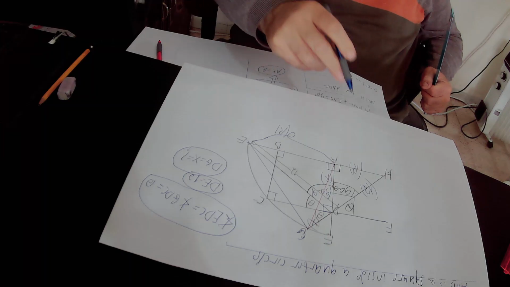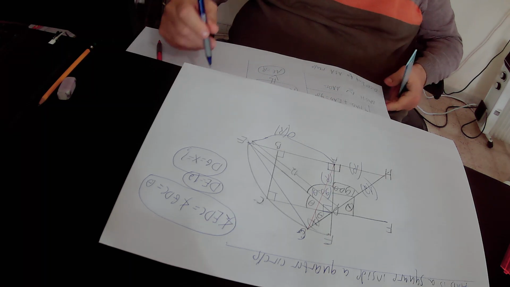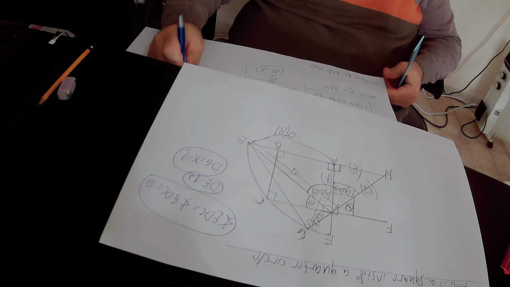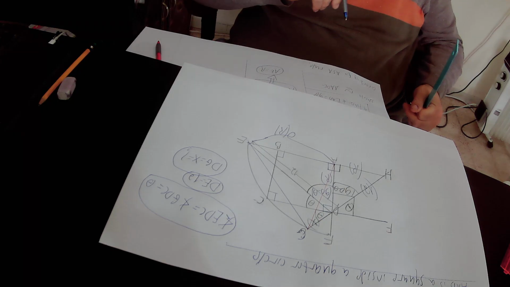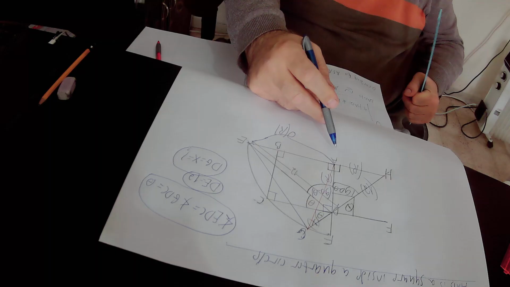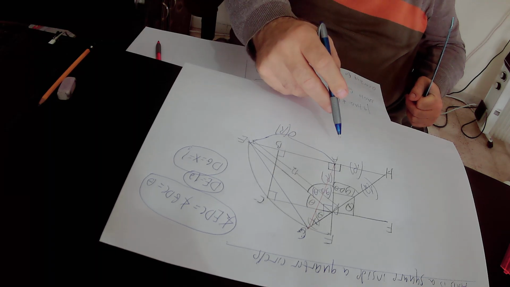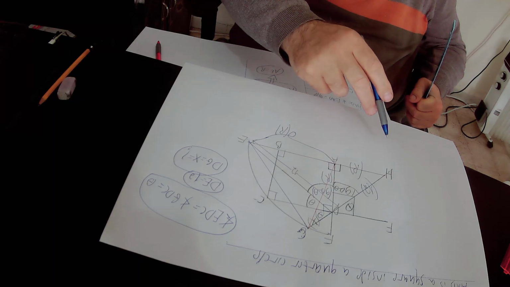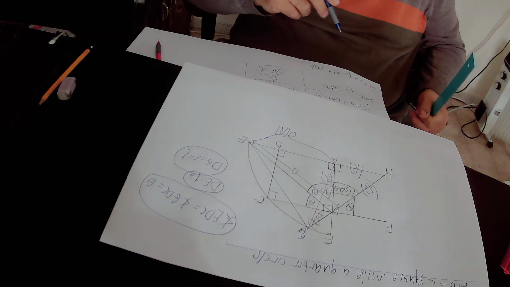Repeat again that point A is the circumcenter of triangle HGE. So what is the circumcenter? It means that point A is located at the same distance from the three vertices of this triangle HGE. The three vertices are H, G, and E. Why?